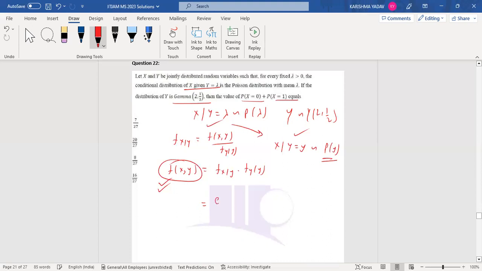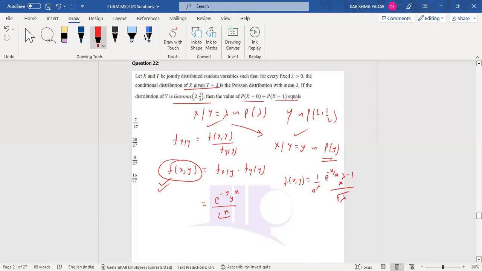This is e to the power minus y, y to the power x upon factorial x. And what will be the gamma distribution's pdf? We are applying f of x comma y is equal to 1 upon a to the power lambda, e to the power minus x by a, x to the power lambda minus 1 upon gamma lambda.